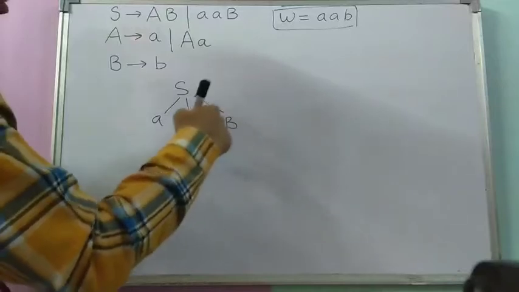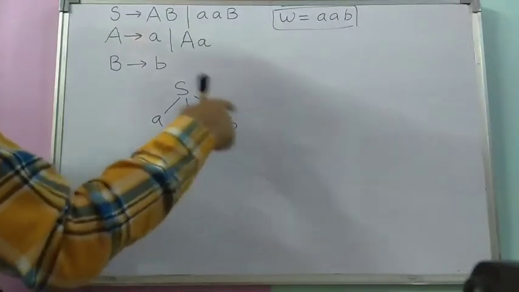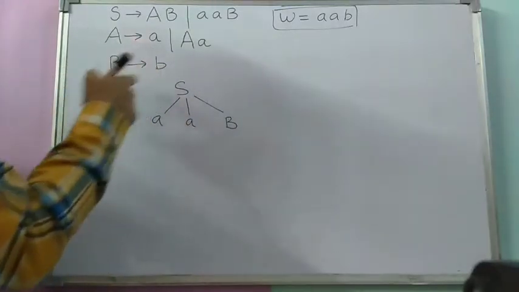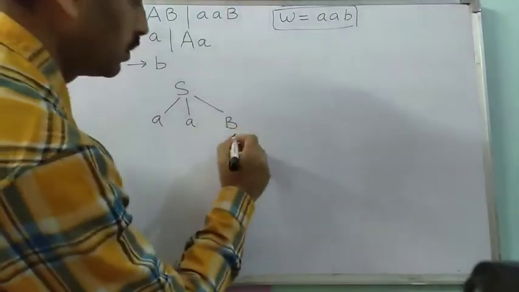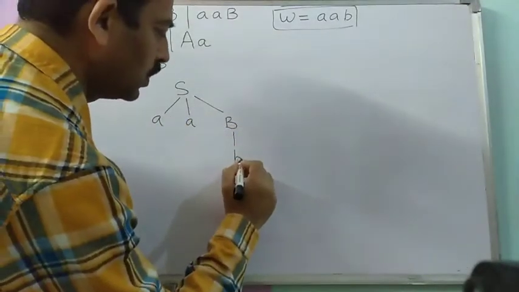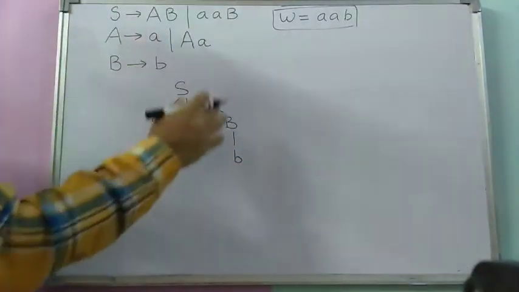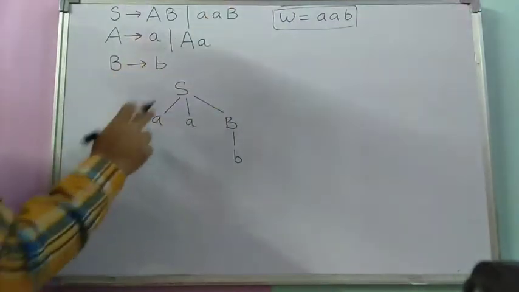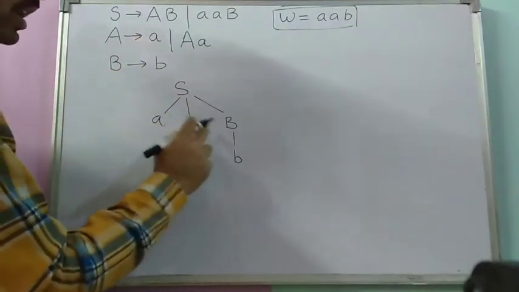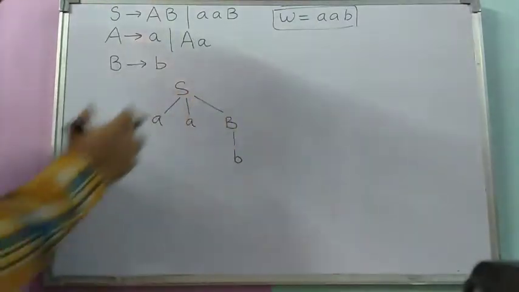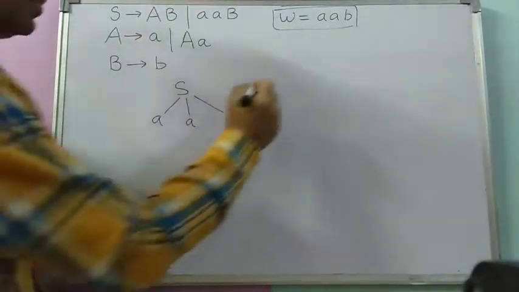Now we have B as the variable, so we have to take the B production, and there is only one, B → b. So we are bound to take this production. This will be the derivation tree for this word, because the yield of this derivation tree is ab. So we are able to generate this word in this manner.